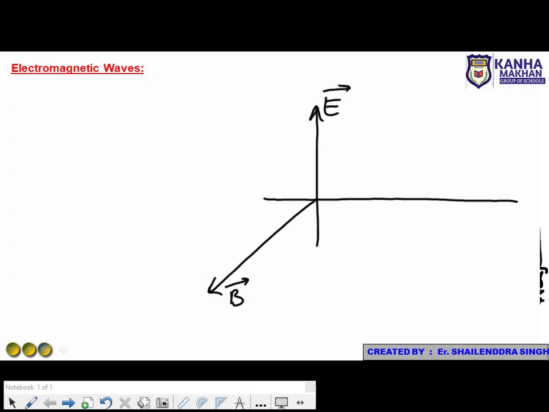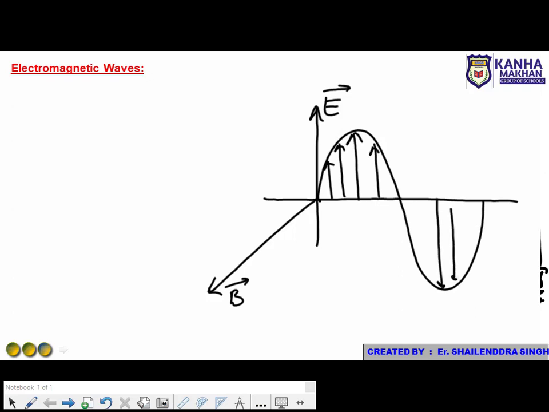Then what will happen? The electric field vector must oscillate along the y-axis, oscillating upward as well as downward, and you can easily draw the magnetic field.